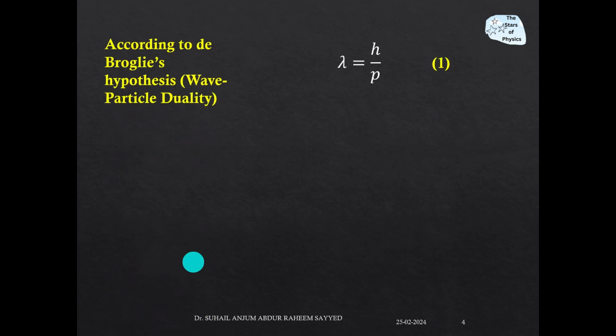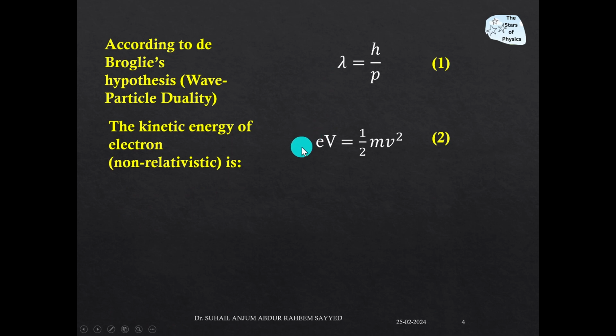Now, according to the de Broglie hypothesis, we have lambda equal to h divided by p, where h is Planck's constant and p is the momentum. And the non-relativistic kinetic energy is given by small e multiplied by capital V, where capital V is the voltage applied to the electron gun, equal to half mv square, that is the kinetic energy.